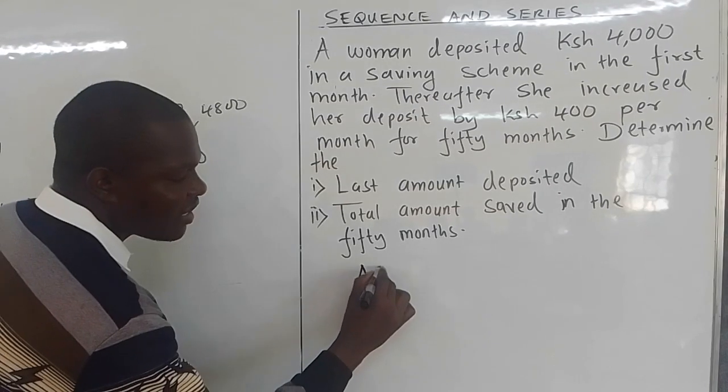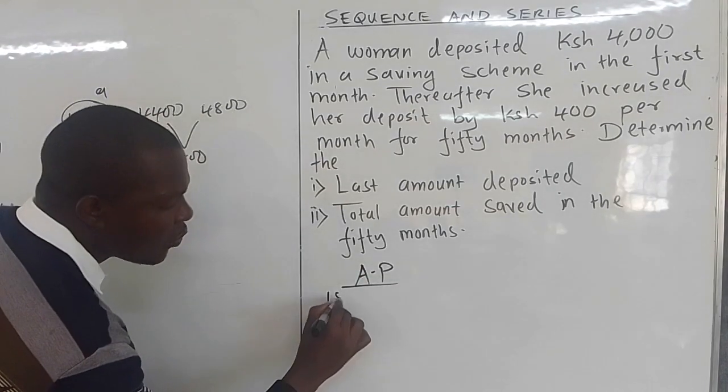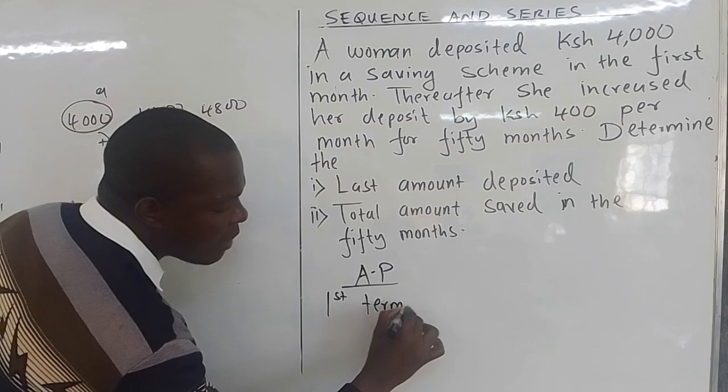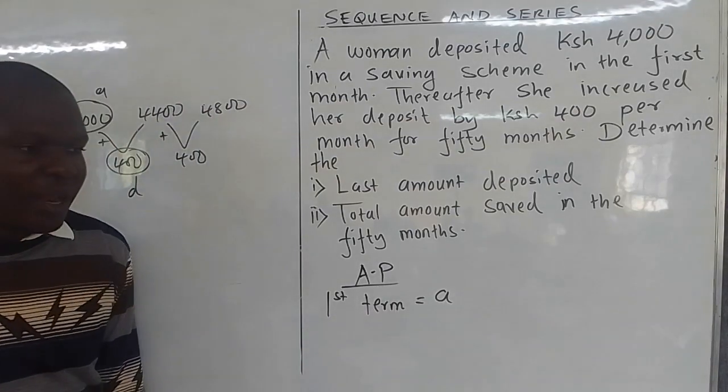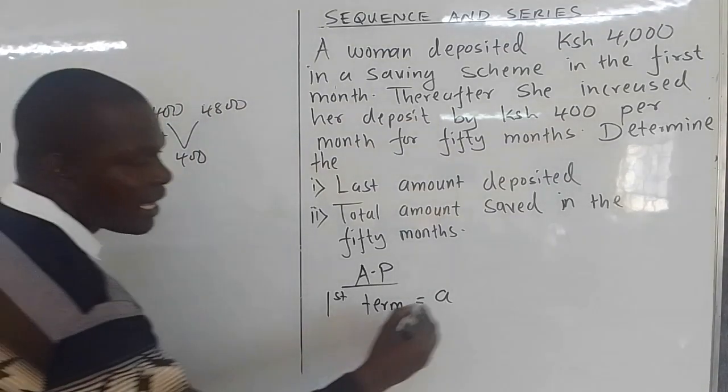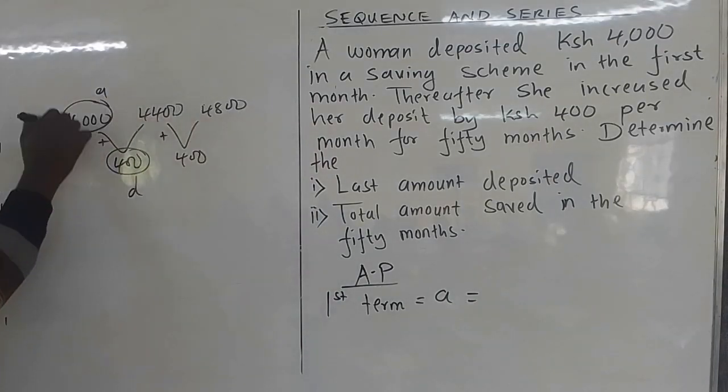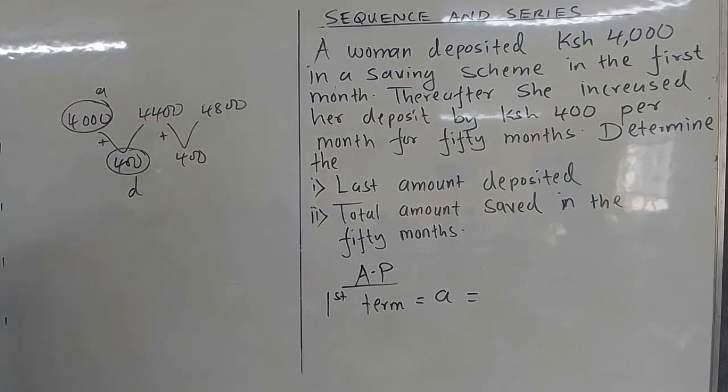So after realizing it is an arithmetic progression, we know that the first term of an arithmetic progression is given by A, and that first term was the initial deposit, which is 4,000.